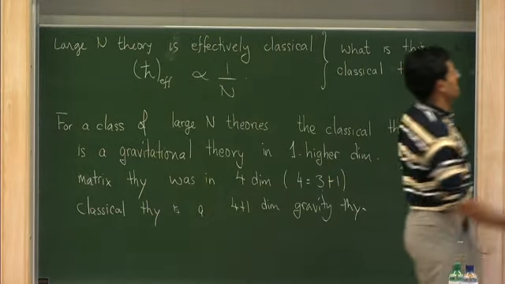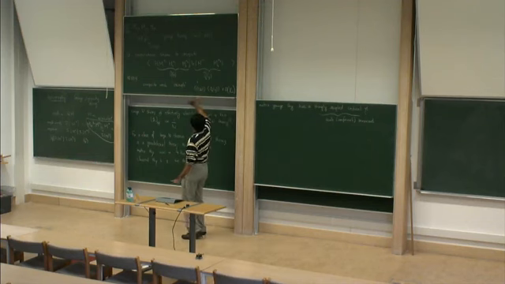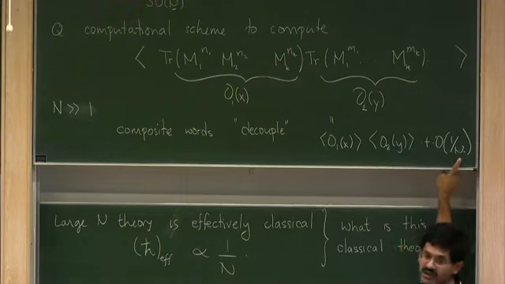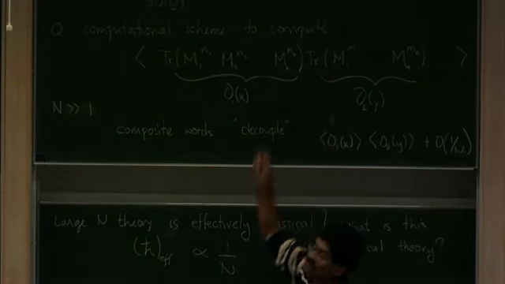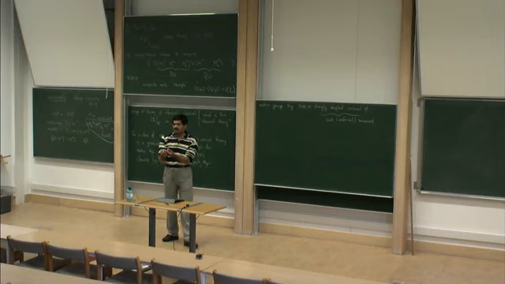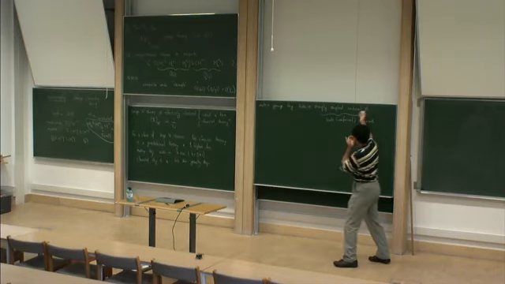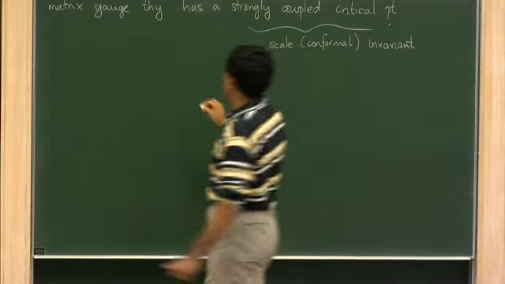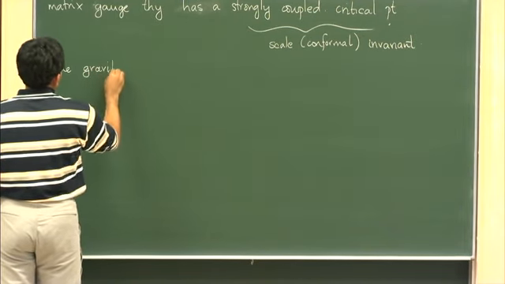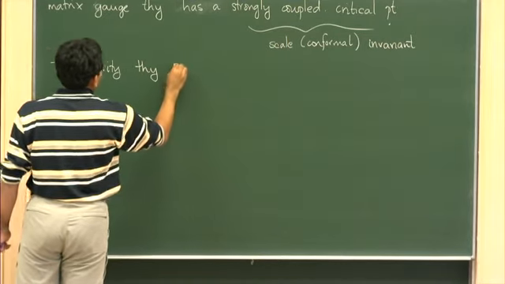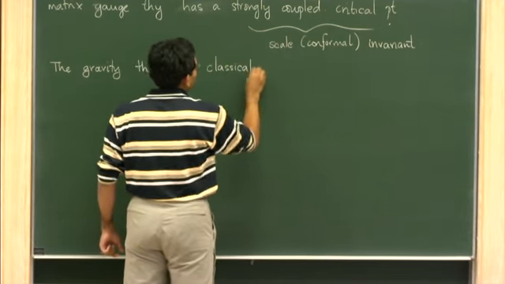So we talked about what kind of coupling there was. There's one notion here of an effective h bar, which is 1 over n, but the intrinsic Lagrangian for my matrices M could involve additional coupling constants, which I could tune to be also large. And in this limit, if such a strongly coupled critical point exists, then the claim is the gravity theory is classical Einstein gravity.